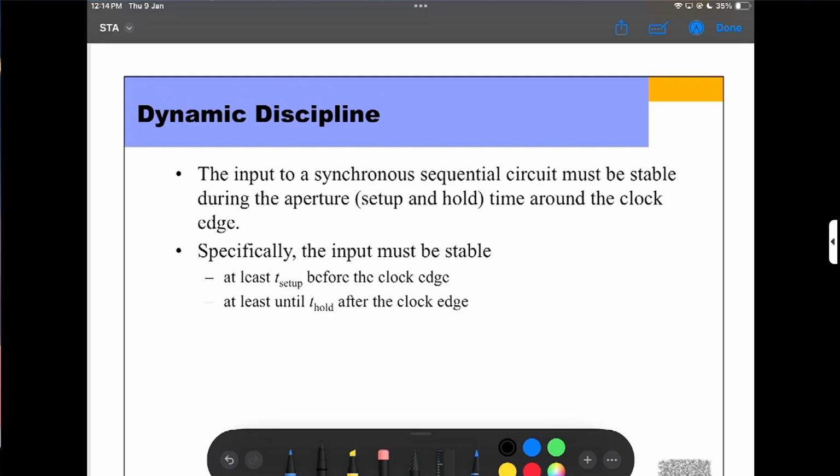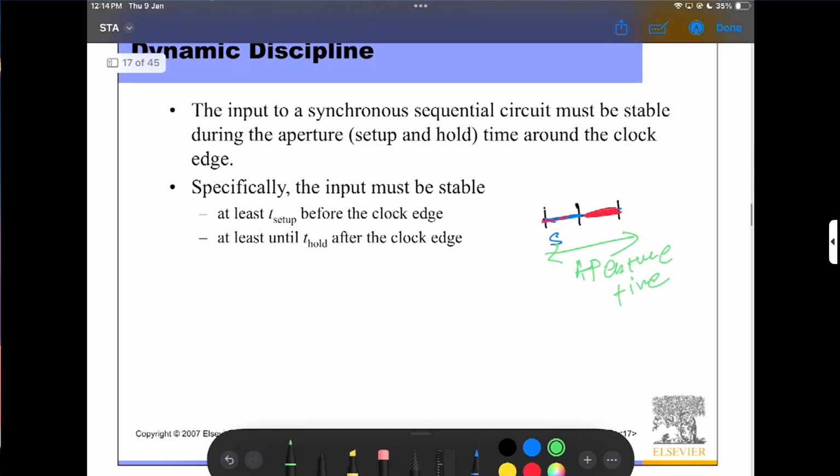So the aperture time we already saw: this is my setup time and this is my hold time. So this is the total aperture time around the clock edge.